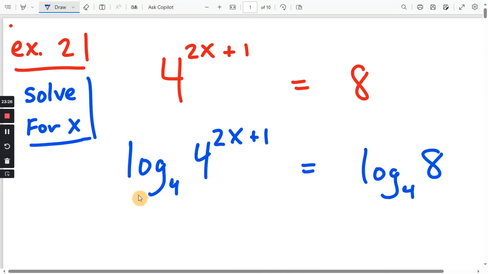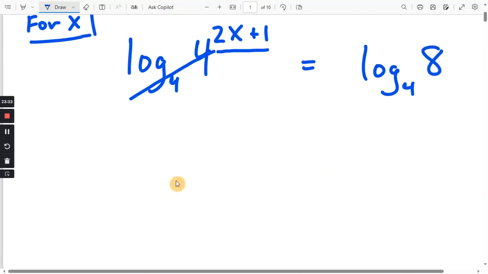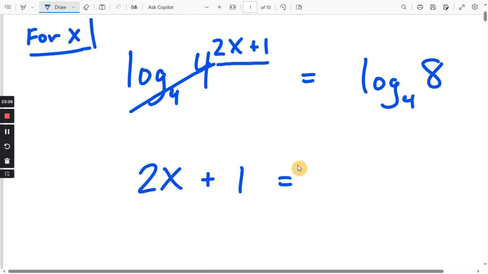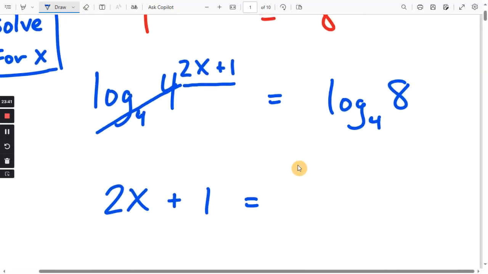On the left-hand side, log base 4 and 4 cancel, and you are just left with the argument of 2x plus 1. And here I am going to use the change of base formula. I am going to just do log over log.